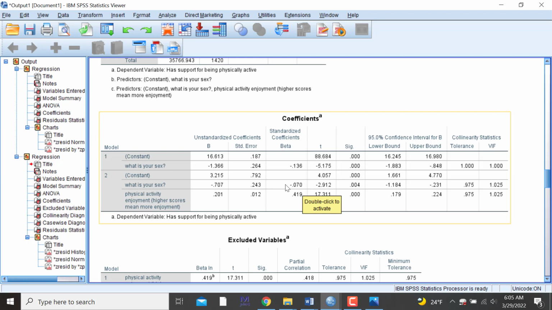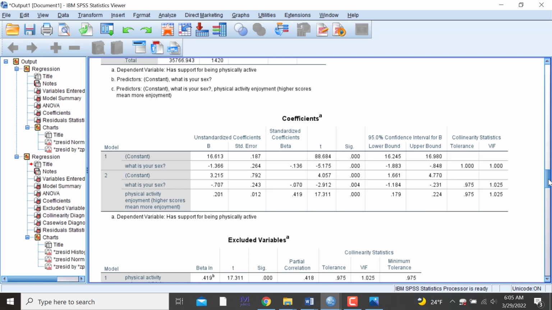So when you have a categorical predictor variable, this is what you'd read. Being female versus male results in a 0.07 standard deviation decrease in physical activity support. You see the difference? And we see our confidence interval. Oh, our confidence intervals here, right? They don't cross 0, right?